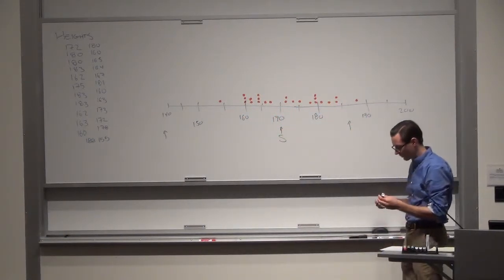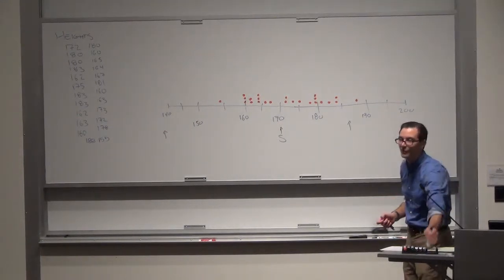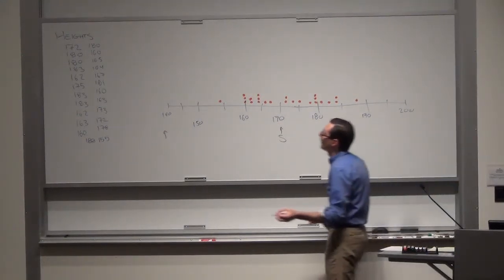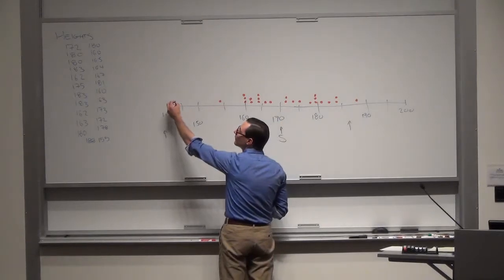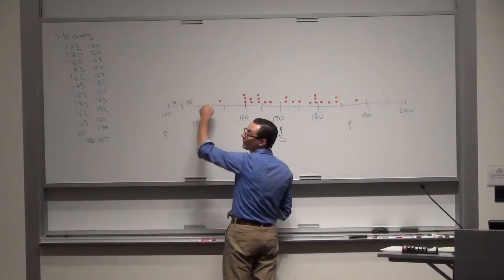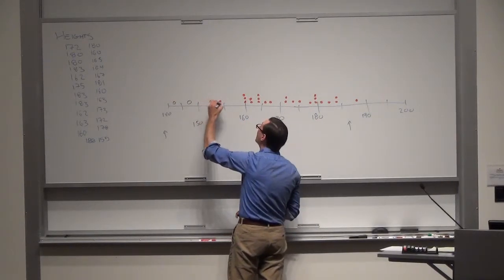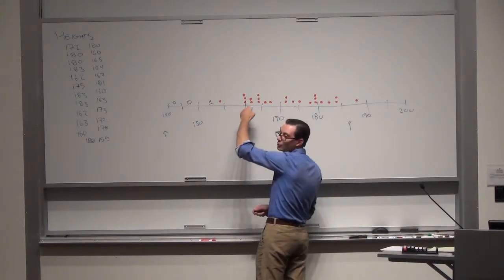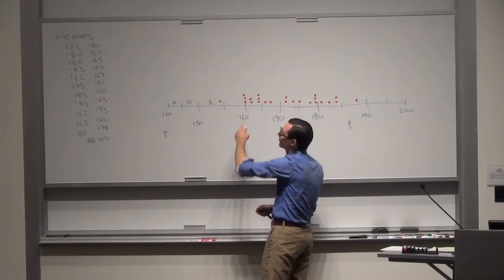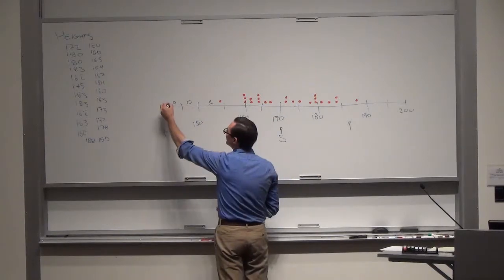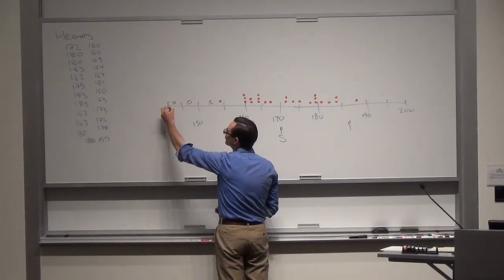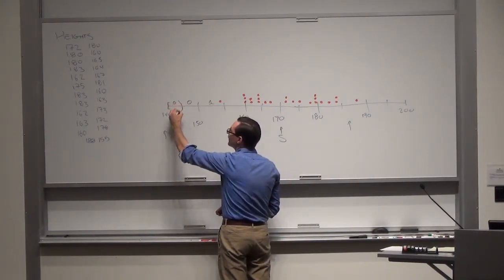Okay, so let's go left to right. How many go in here? 0. How about this one? 1. Ooh, tricky. We've got a bunch that are right at 160. I'm going to define the bin to be inclusive on this side and exclusive on this side.